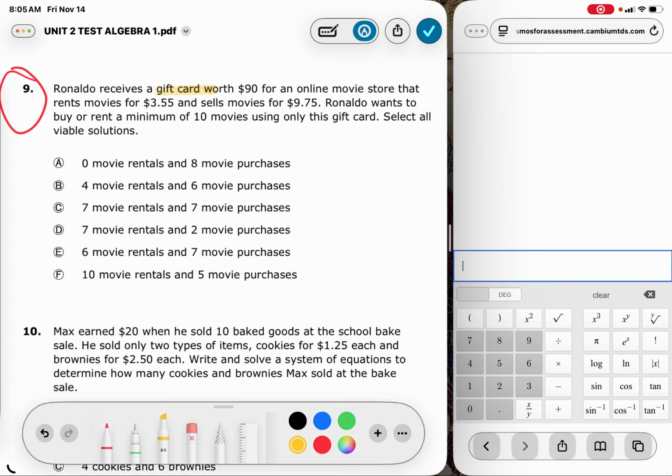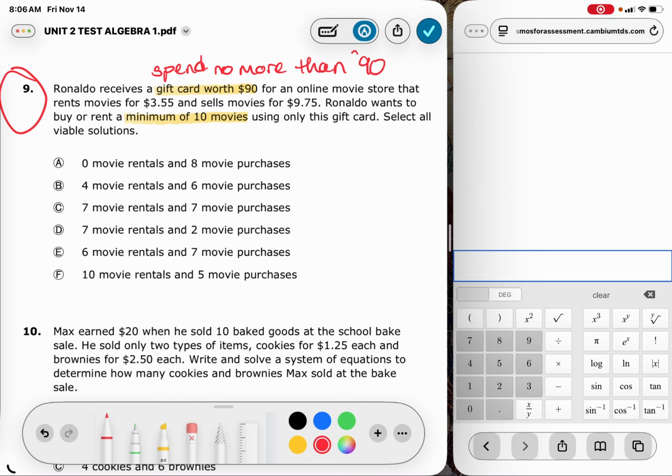It says the gift card is only worth $90 and he wants to get a minimum of 10 movies, whether he buys them or rents them. Now, for the $90, he can spend no more than $90. Can't go over 90.